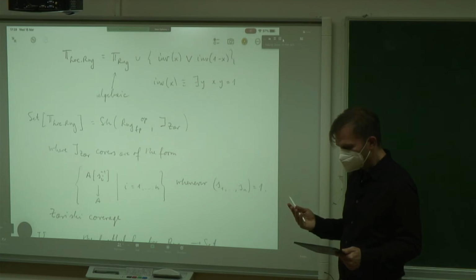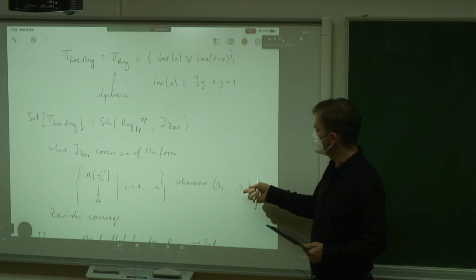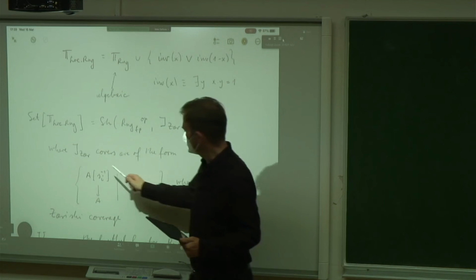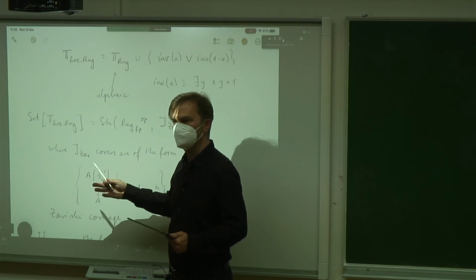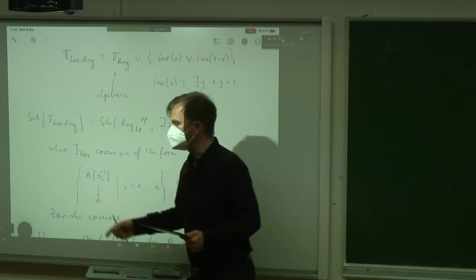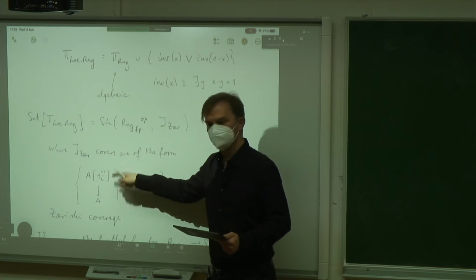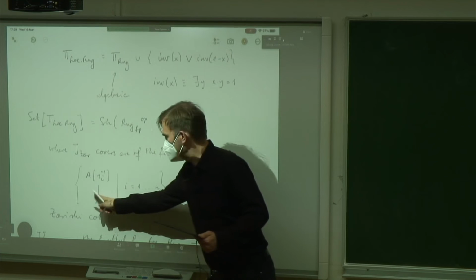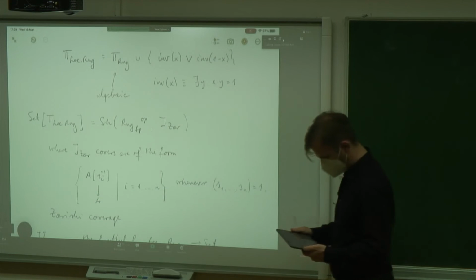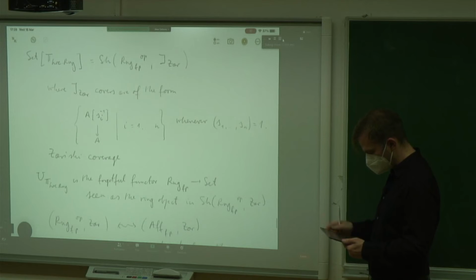Thinking geometrically, if you think of spectra of these rings as schemes, that would really mean that the union of the images of these scheme-theoretic maps covers the domain. Okay.